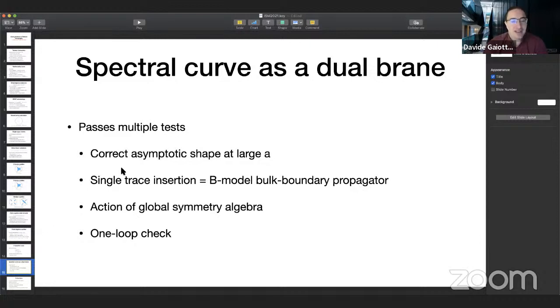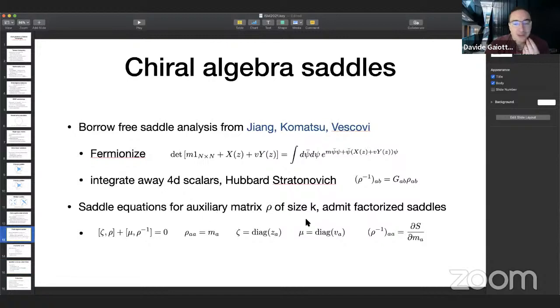The first check is that it has the correct asymptotic shape as it approaches infinity. This holomorphic curve really goes to infinity in the form of these tubes with specific orientation. If you're given a saddle solution, there is a way to study the action of the saddle. Of course, you can write down an action as a function of rho, but even better is to look at the derivative of the action with respect to these parameters m.